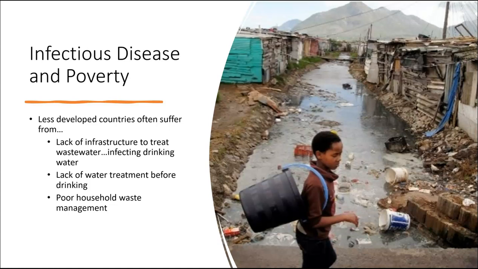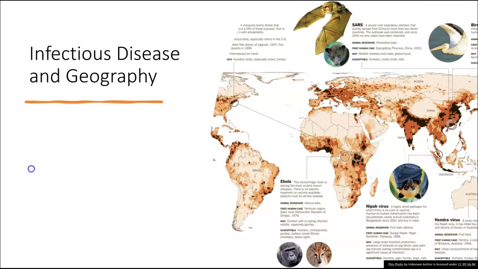The garbage, they don't really have a good way of getting rid of it. All right. So combine those factors with also inadequate medical treatment options, lower access to vaccines, and so on. So the infectious disease transmission in our less developed world is much higher than our more developed world.